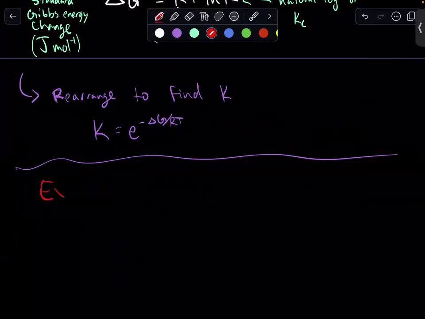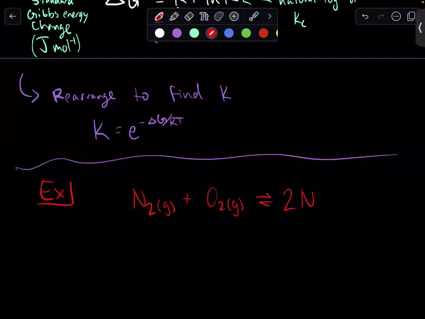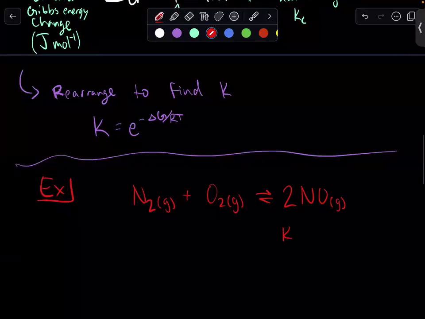So in this example, we're going to be looking at the equation of nitrogen gas reacting with oxygen gas to produce, in equilibrium, 2NO gas. For this reaction, we are given that the Kc is equal to 1.60 times 10 to the minus third, and this is at a temperature equal to 150 degrees Celsius.